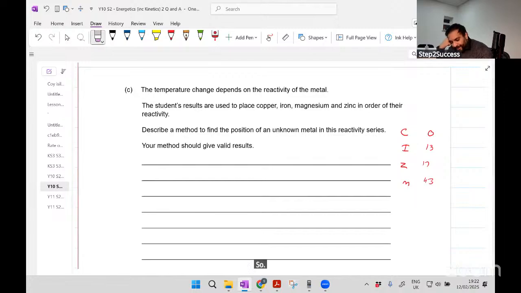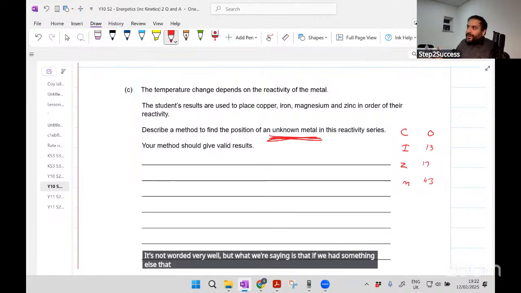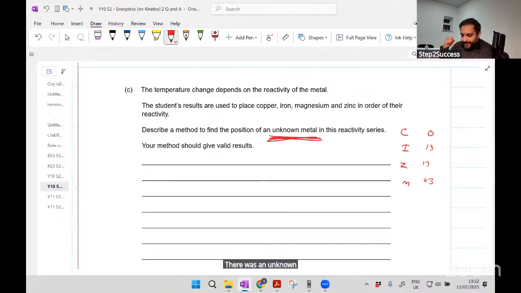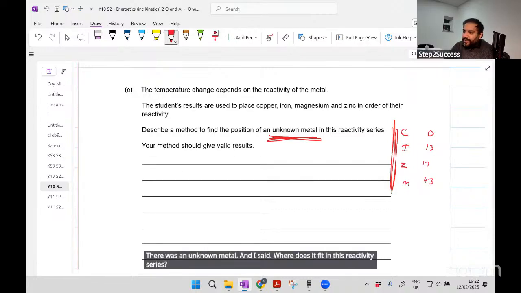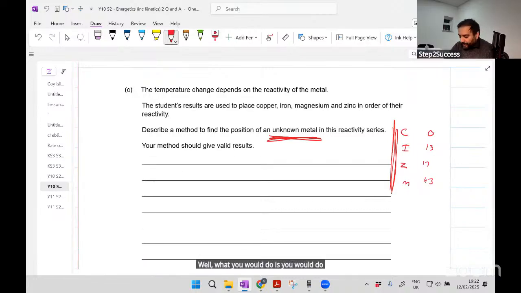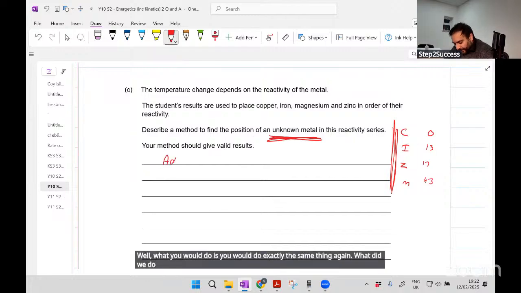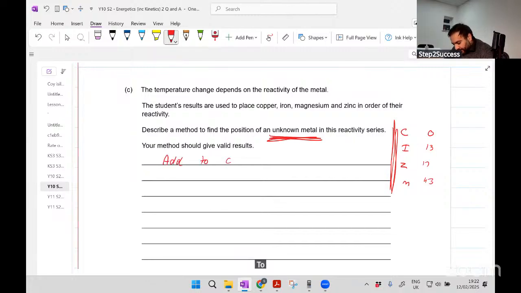It's not worded very well, but what we're saying is that if we had something else that we didn't know, an unknown metal, something in my hand that was an unknown metal, and I said, where does it fit in this reactivity series? Well, you would do exactly the same thing again. What did we do with all of these? We added them to copper sulfate solution.